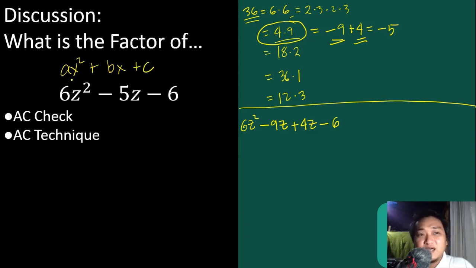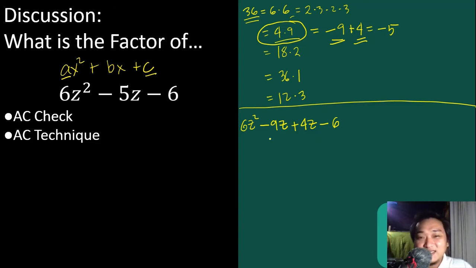In this case, the A is this 6. The numerical coefficient of the last term, C, is this, 6 again. That is why it is called the AC technique, because we use the numerical coefficient of the first term and the numerical coefficient of the last term. So, for those wondering about the name of the technique, AC technique, it is simply the numerical coefficient of the first and last term.